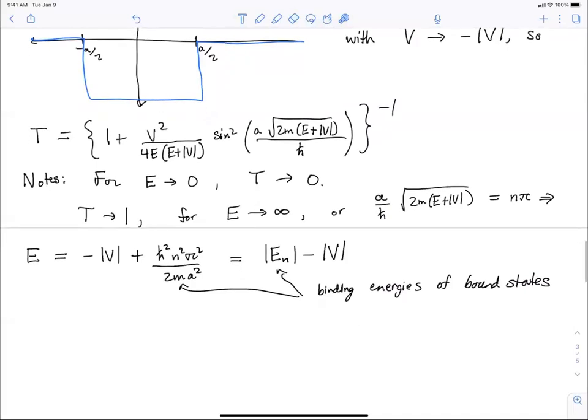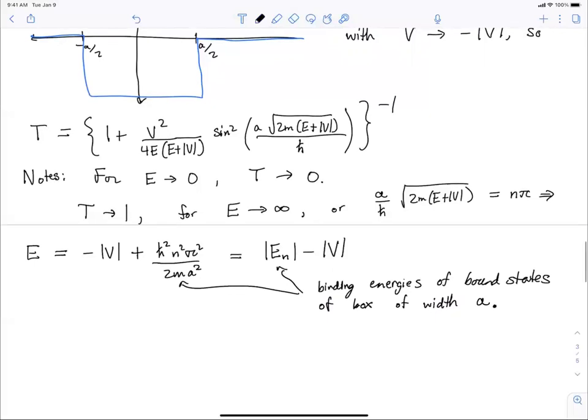All right, so these are the binding energies of bound states, but not the bound states of the potential that we're actually scattering from. They're bound states for a different potential, namely the potential of a box of width a. By box, I mean something with infinitely high potential walls.